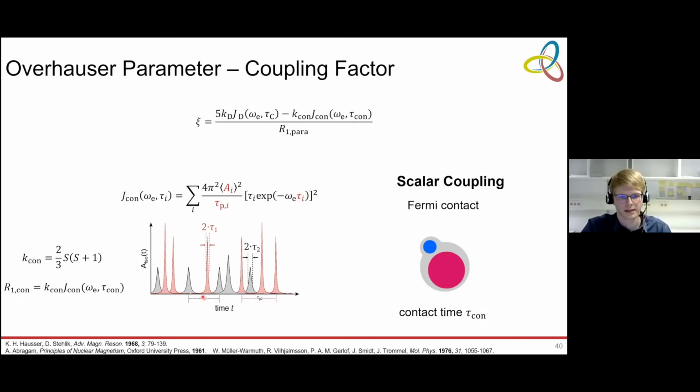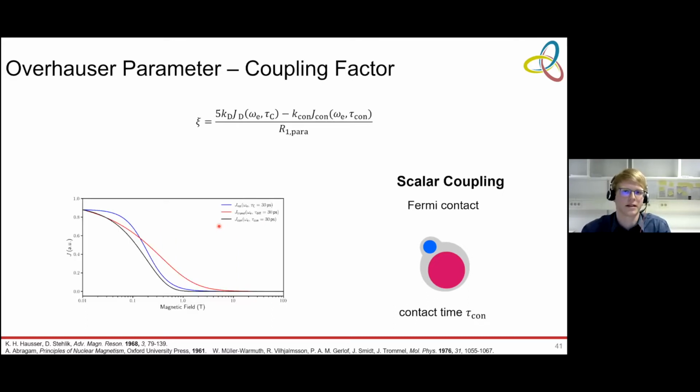This is depicted here. You have these different pulses at a time interval of tau p, with the duration of tau 1 or tau 2. The pulses have a Lorentzian shape, and we can plot this spectral density on top of the other two, and you see that it's not super different from the others.